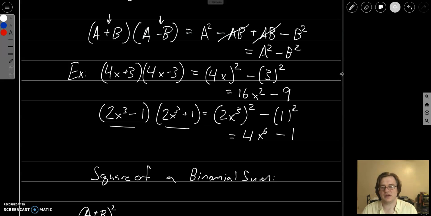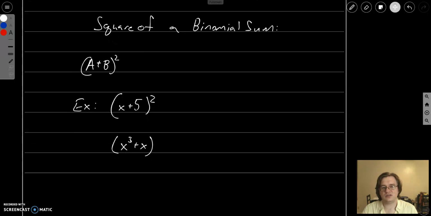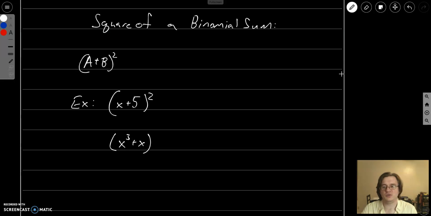Okay, so that's multiplying the sum and difference of 2 terms, so conjugates. We could also multiply 2 binomials that are exactly the same and have a plus sign in the middle. So again, if I write this out, this will be a plus b times a plus b. Then I can use FOIL.